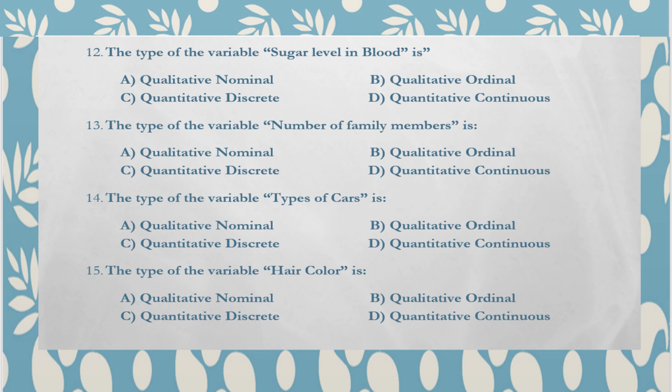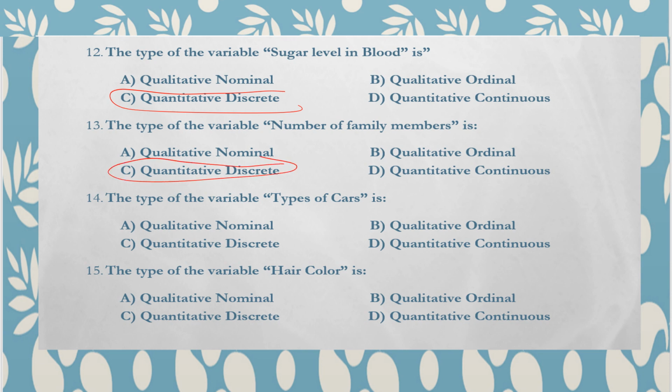So this is a quantitative data but discrete, not continuous. So the correct answer is C. The type of variable number of family members. The family members are numbers or numeric data, so it's a quantitative variable, but it takes integer values, so it's a quantitative discrete variable, and the correct answer is C.